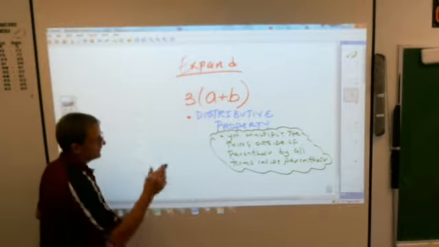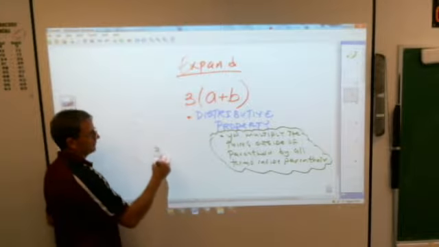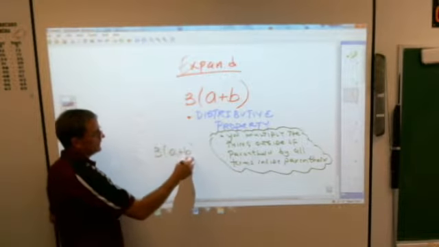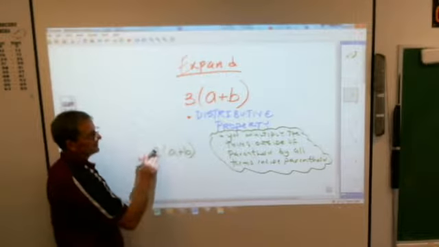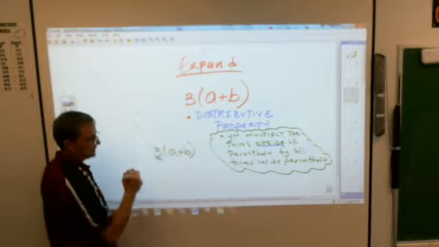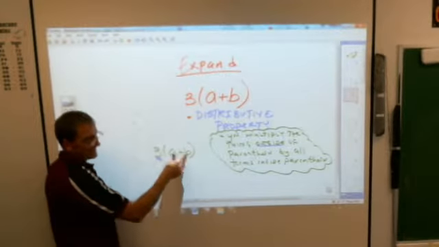So if you see 3 and then in parentheses A plus B, we use the distributive property, which means I take this thing on the outside of the parentheses and multiply that 3 by everything on the inside.